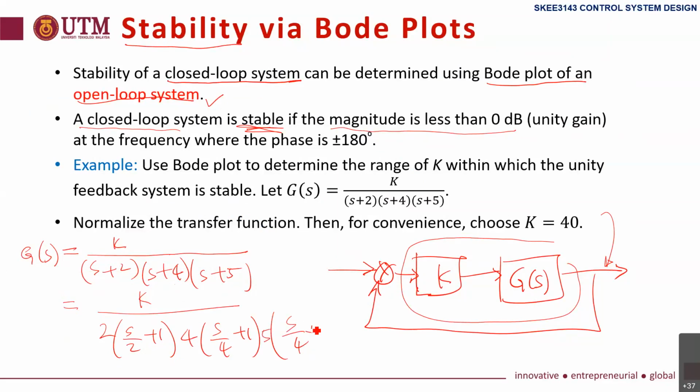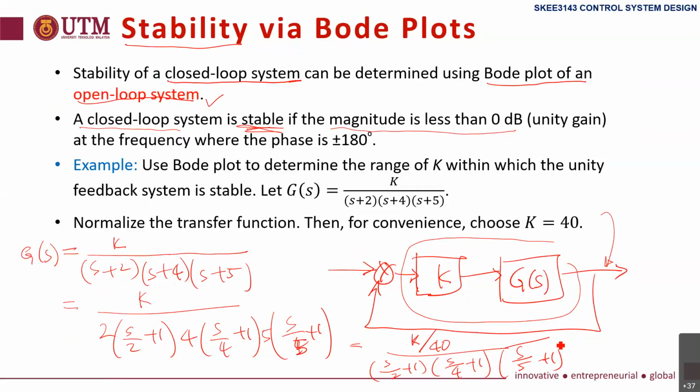So it will be K over 40, times 1 over (s over 2 plus 1), times 1 over (s over 4 plus 1), times 1 over (s over 5 plus 1). Sorry, that last term should be s over 5. Right, this is what we call normalization.